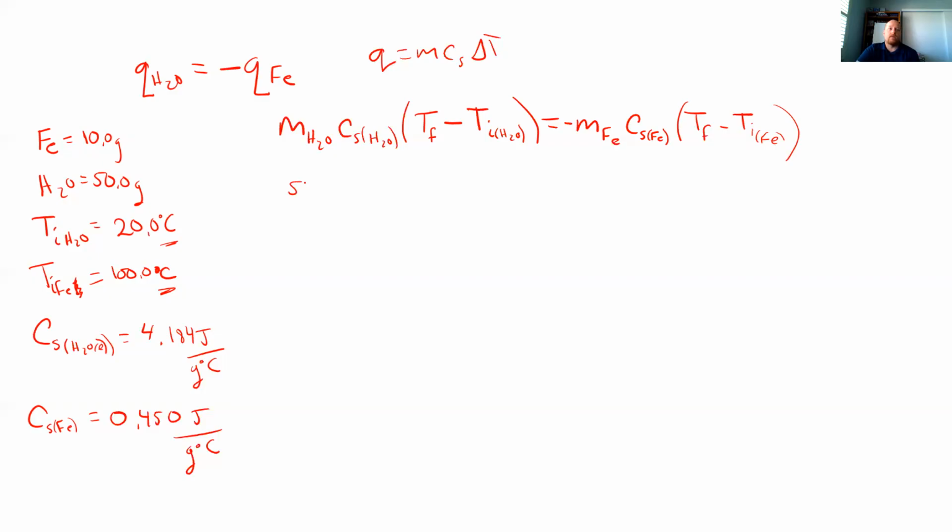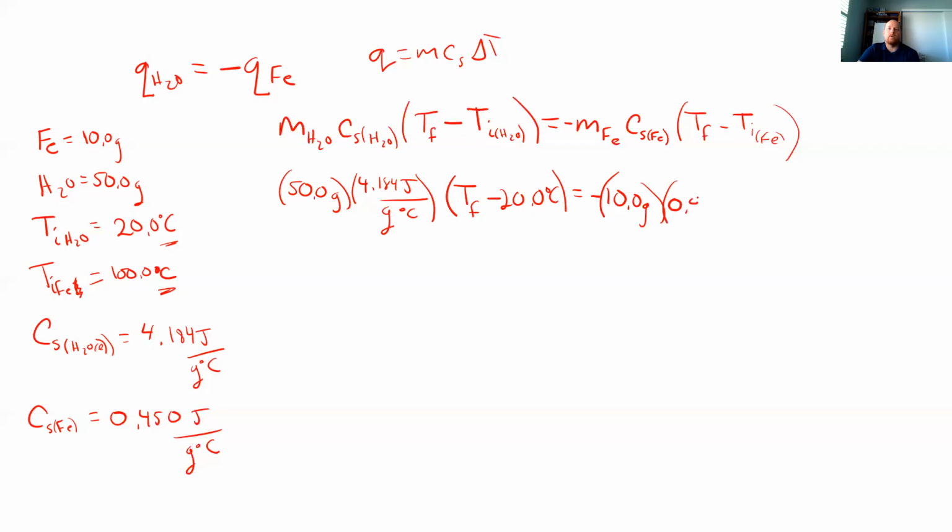So we have, for water, we had 50.0 grams times 4.184 joules per gram degree Celsius times T final minus 20.0 degrees Celsius is equal to negative 10.0 grams times the C sub S for iron, which is 0.450 joules per gram degree Celsius times T final minus T initial for the iron, which the initial temperature of the iron is 100 degrees Celsius.